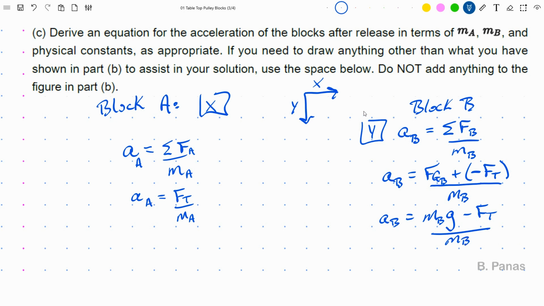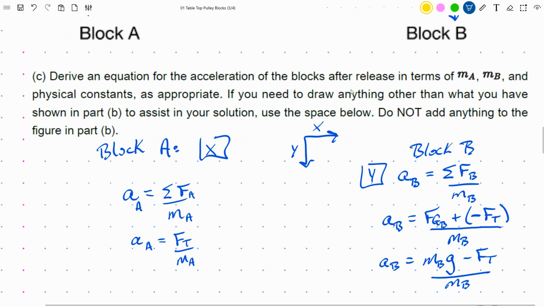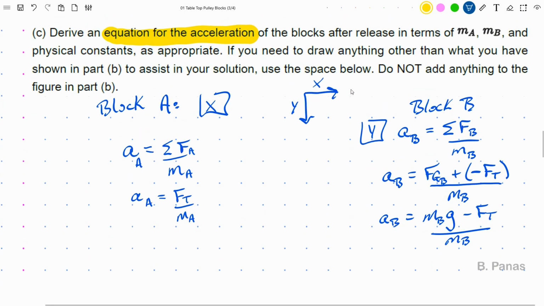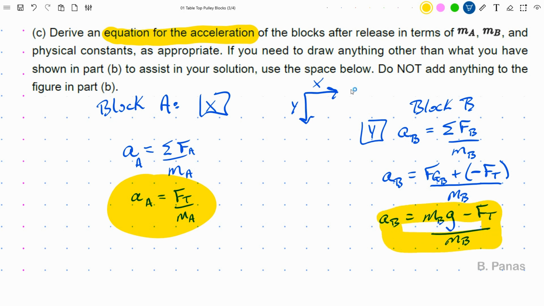All right, now don't lose track of what we're after here. We are trying to find an equation for the acceleration of the blocks after release. Now you might say, well, that is the answer to this question. It's an equation for the acceleration. And actually, it is. In fact, you could say the same thing about this over here. That also is an equation for the acceleration.